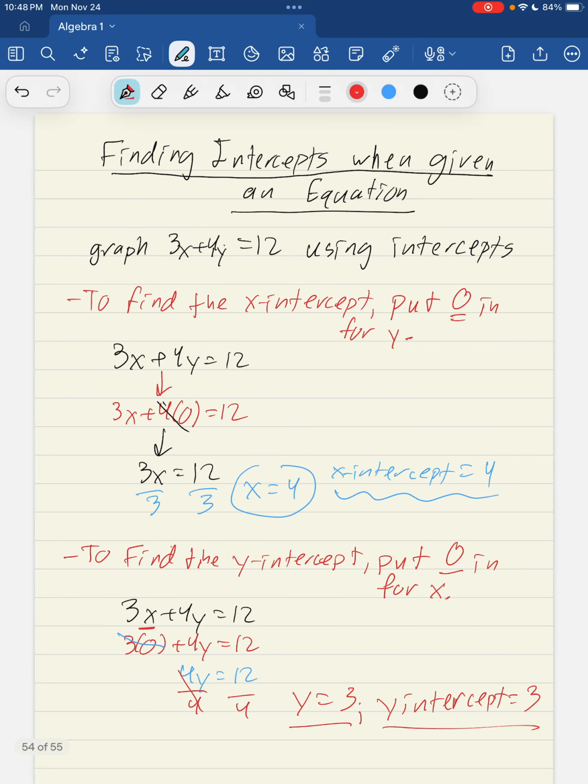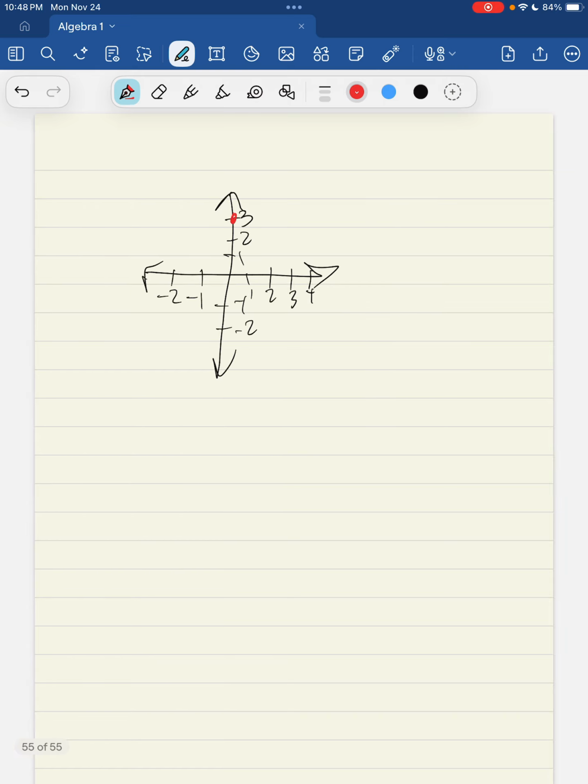The x-intercept is at 4, so we go to 4 on the x-axis. I should label my axes: that's my x, that's my y. I put a nice dot at 4 on the x-axis, and then I need to draw a line between those two dots. Well, it's stuck, guys. Anyway, you get the idea.